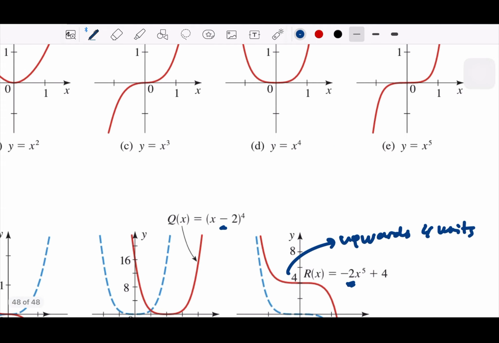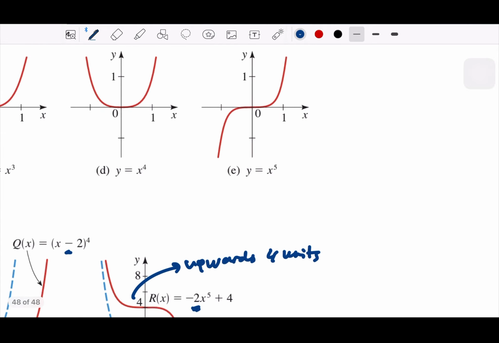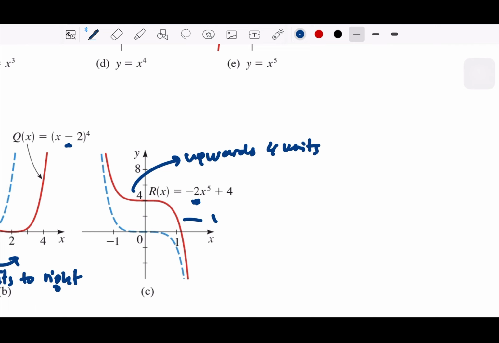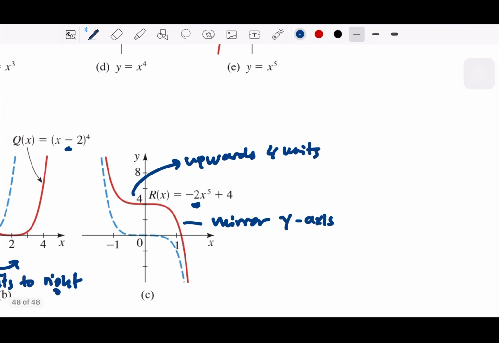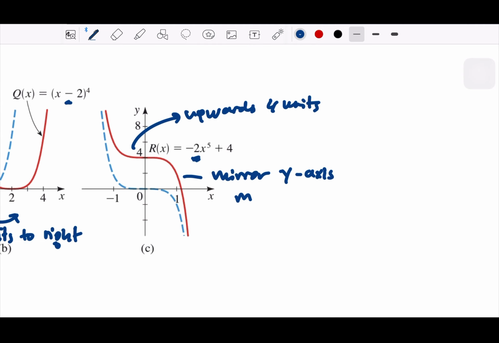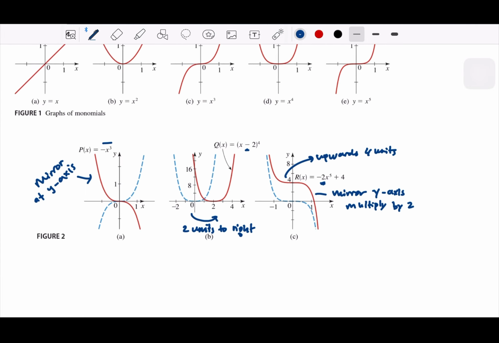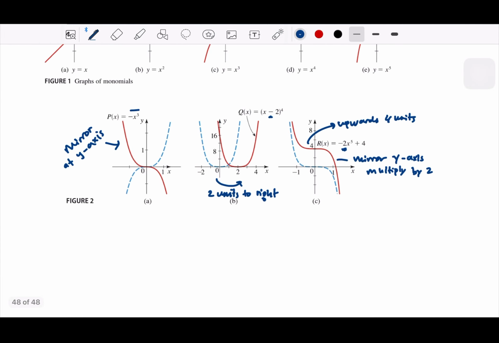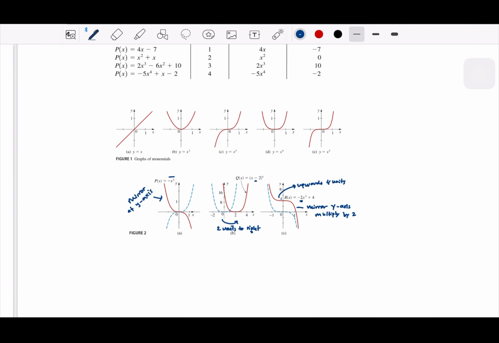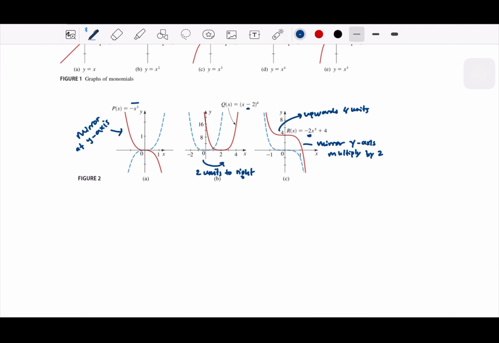If we take x to the power of 5 as this, we take the mirror across the y-axis, and then we multiply by a factor of 2. This is just a preview from the previous part, and I hope you still remember how to do the transformations.